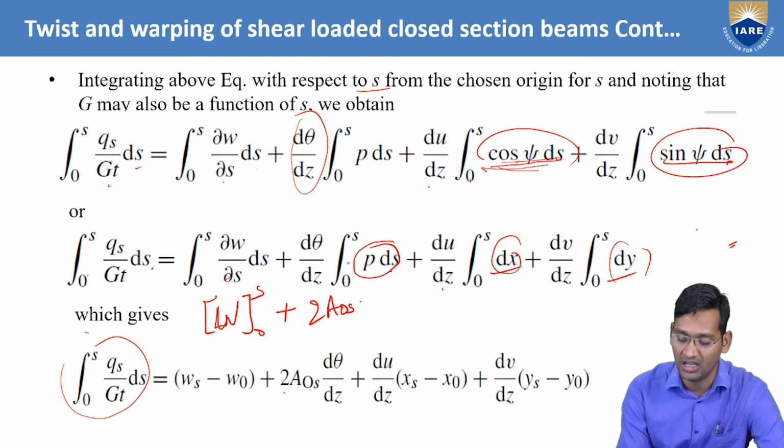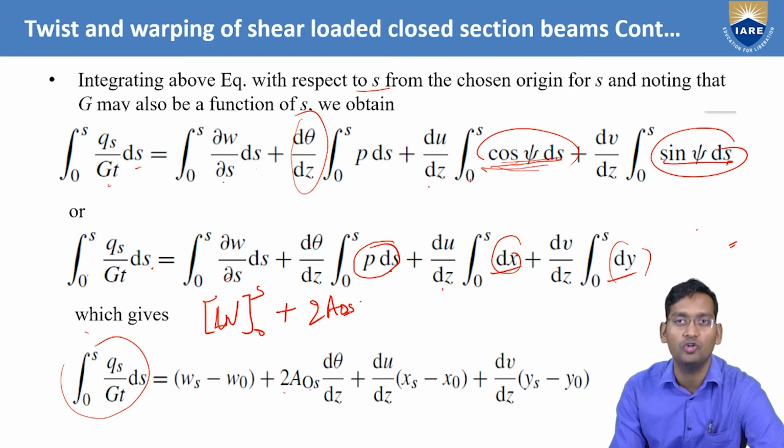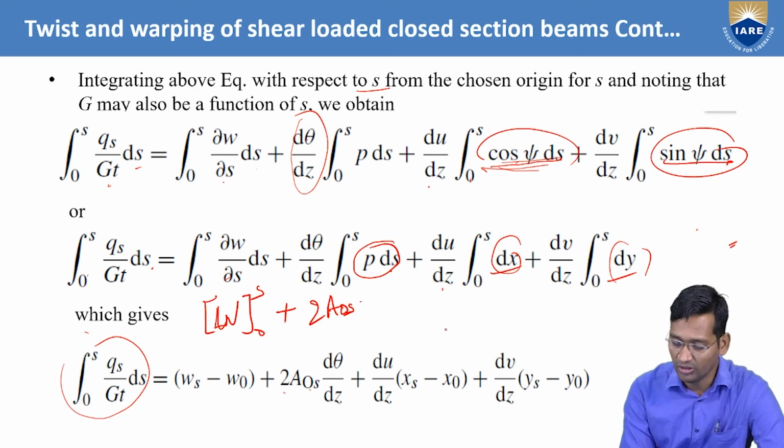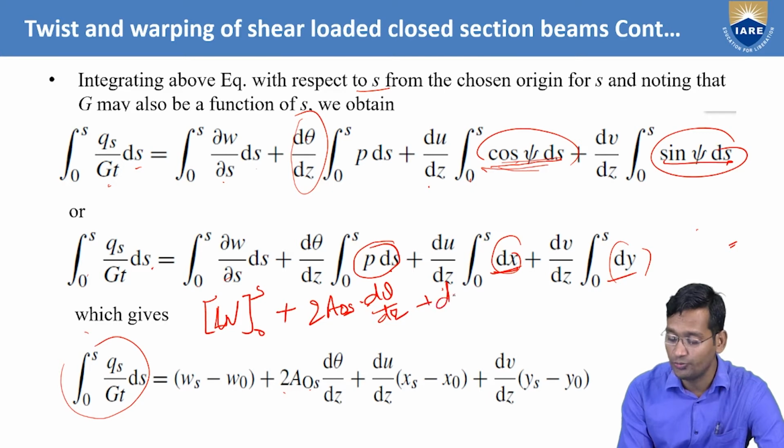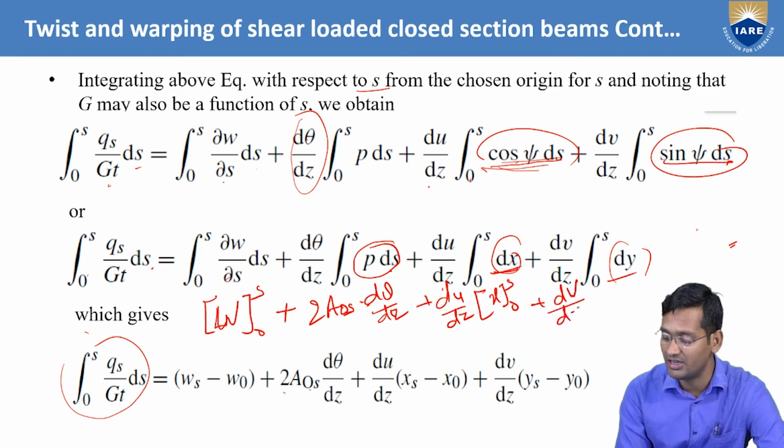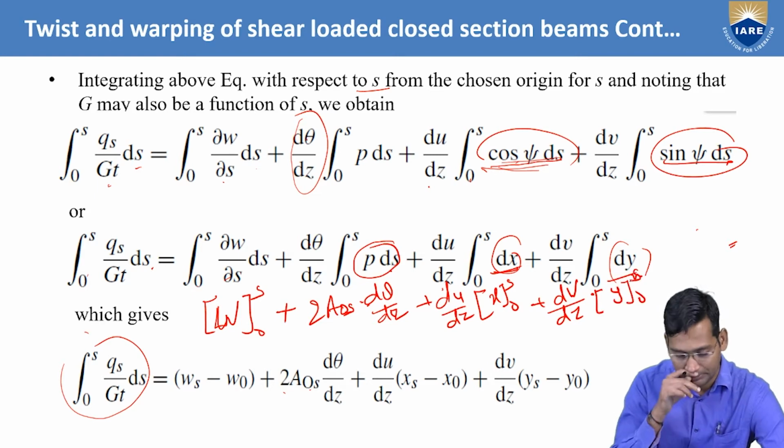Plus similarly for dx, integration will be x, into du by dz, with limits 0 to s, plus similarly dv by dz remains there, into the integration of dy, which is y, 0 to s.